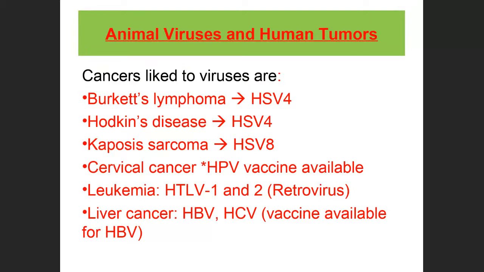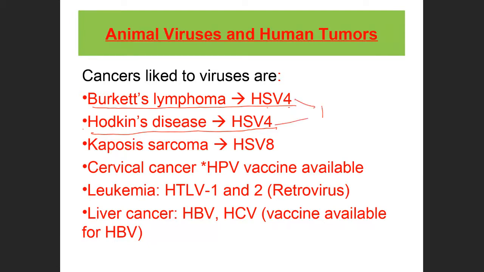Herpes simplex virus 4 causes a type of cancer called Burkitt's lymphoma. Herpes simplex virus 4 causes another type of cancer called Hodgkin's disease. These are cancers of the lymphatic system.